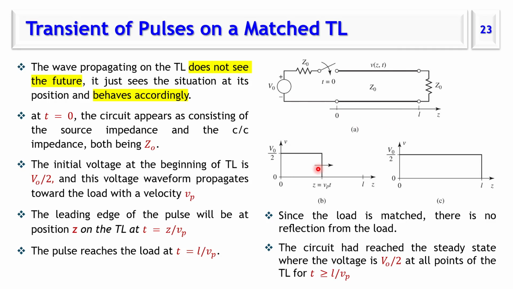So the signal starts at 0 with the value V naught over 2, and over time this voltage propagates till it reaches the load, and there is no reflection, so we reach the steady state. The steady state is that the voltage everywhere on the line is V naught over 2, and this steady state is reached at time equal to L, the length of the transmission line, divided by V phase. From the next examples, we'll learn and understand more.